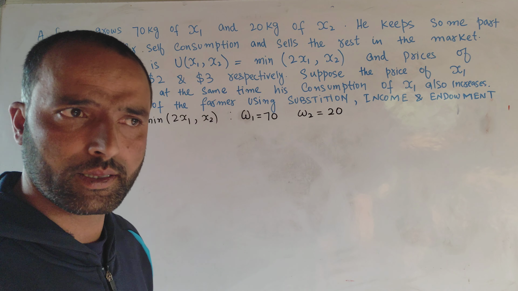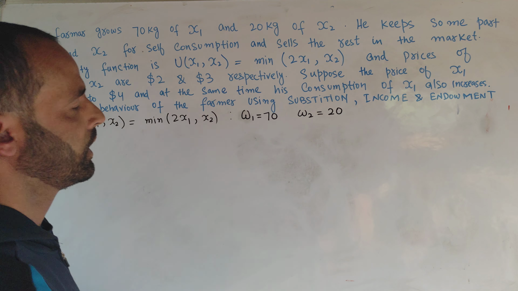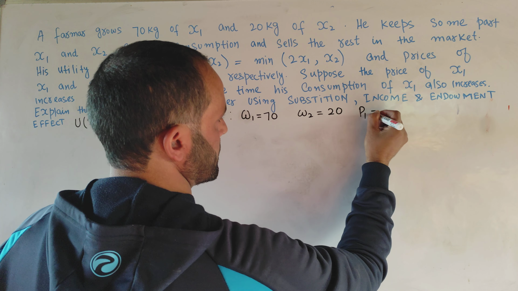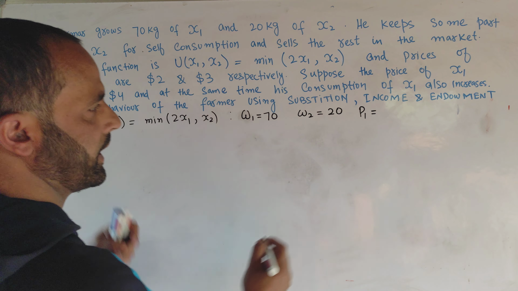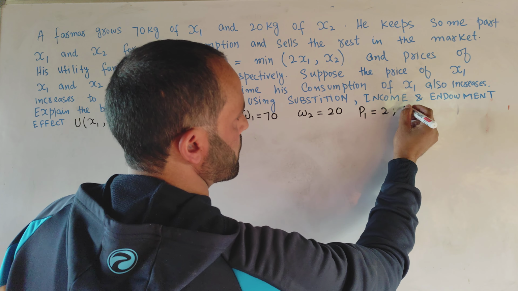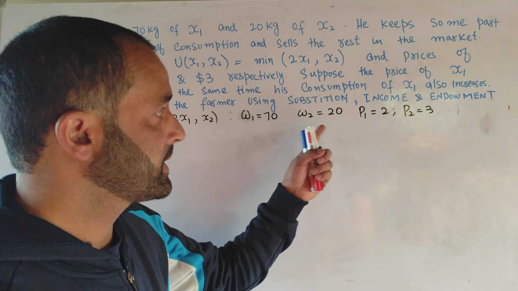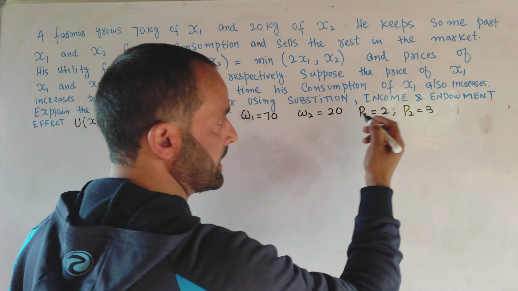I think it is clear up to this. Also, the price of good 1 is $2, the price of good 2 is $3, and the price of X1 has increased to P1 prime, which is equal to $4.